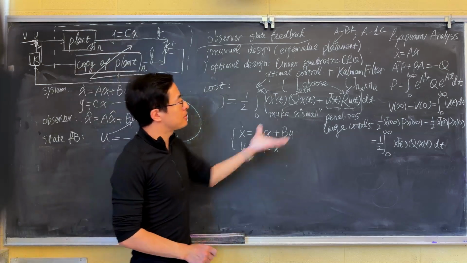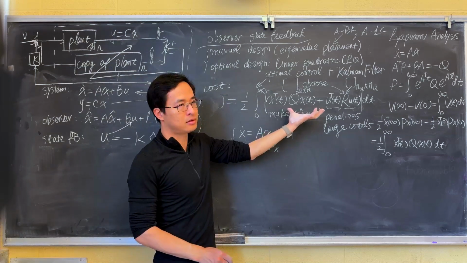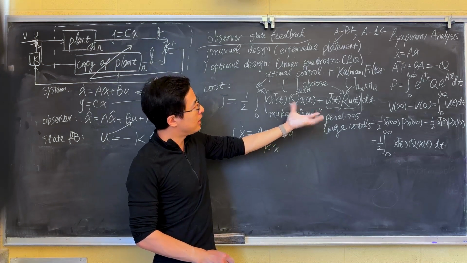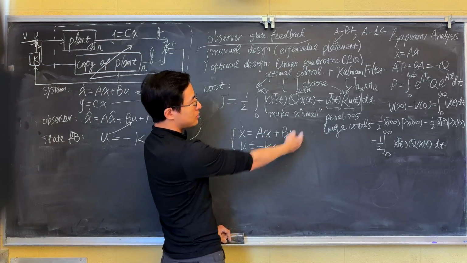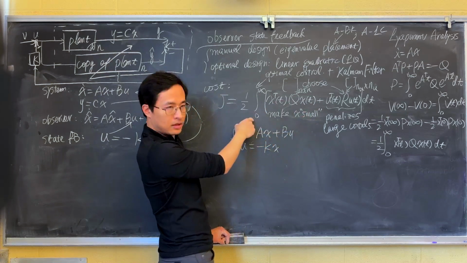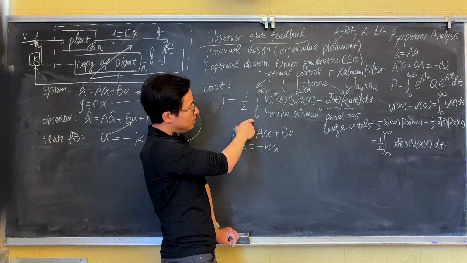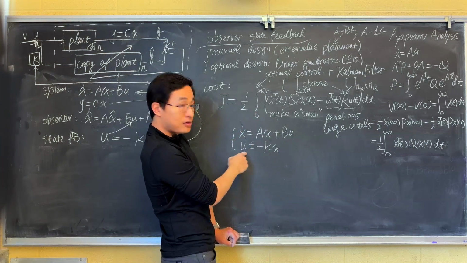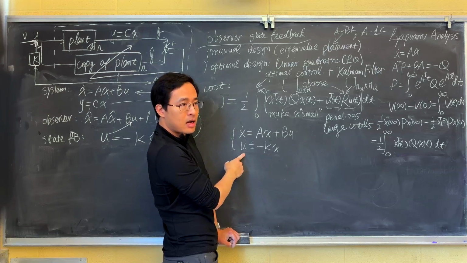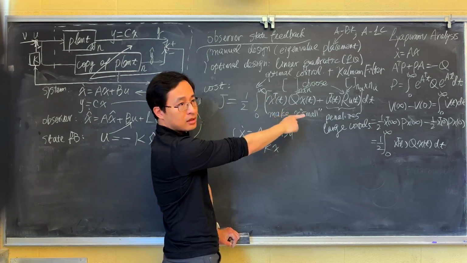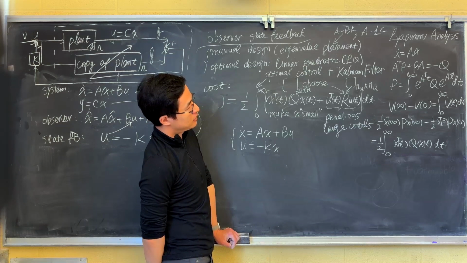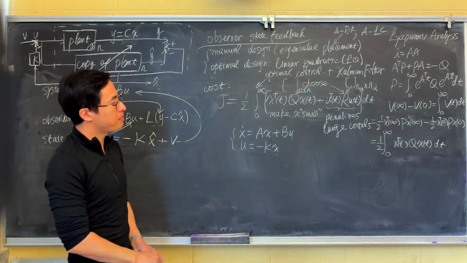This seems non-trivial to solve for now. If the cost is chosen this way, this is an infinite integral, how can I make sure I use just one state feedback design that will minimize everything along this infinite horizon? That seems non-intuitive for now.